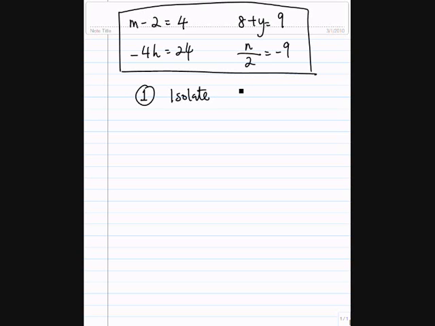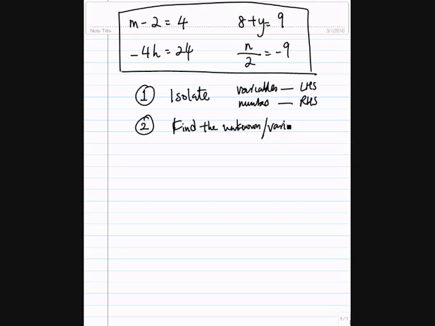All the variables go to the left hand side and all the numbers will go to the right hand side of the equation. And then after which you find the unknown, which is the variable.